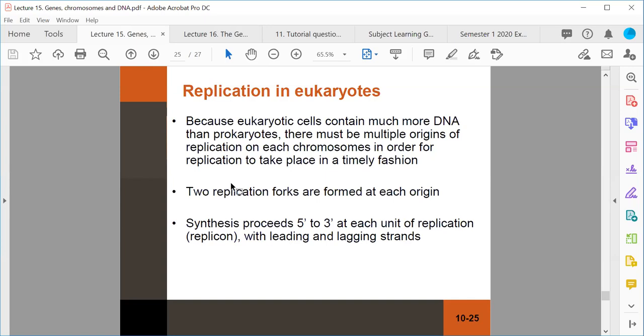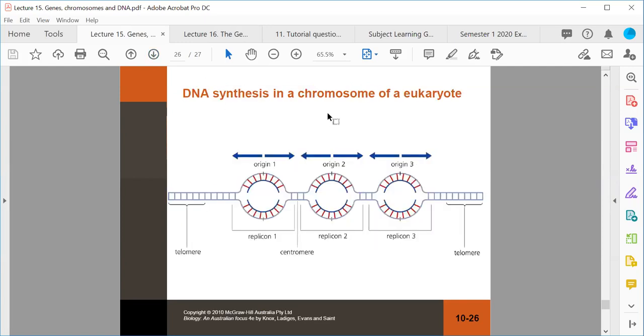At each origin of replication, there are 2 replication forks that form. I'll show you this in just a minute. Synthesis of the new DNA proceeds from 5' to 3'. And yep, we can see that on this slide here.